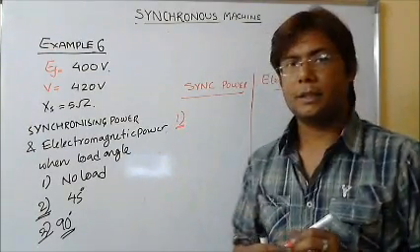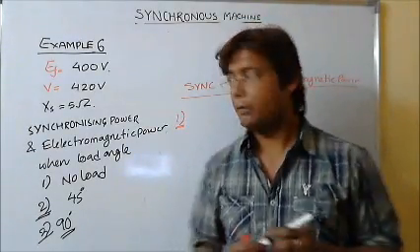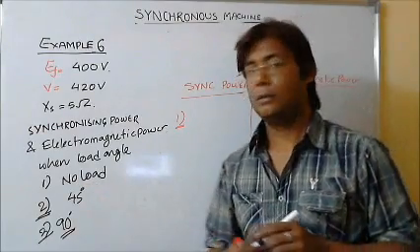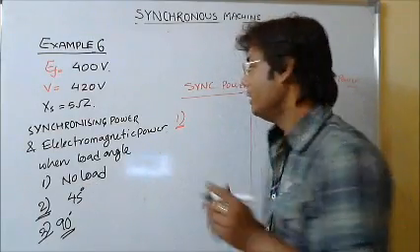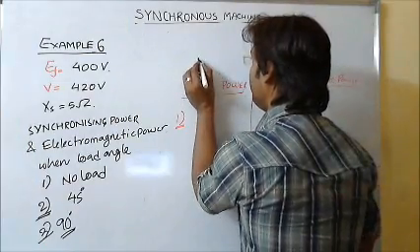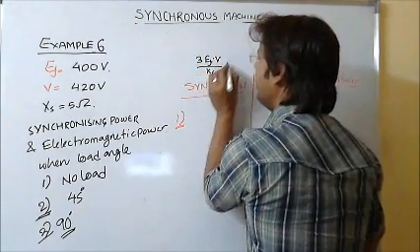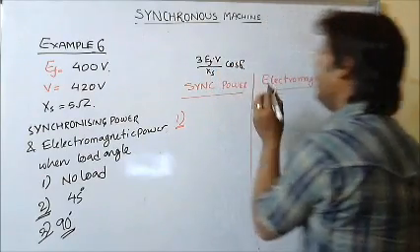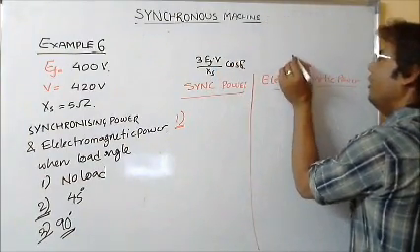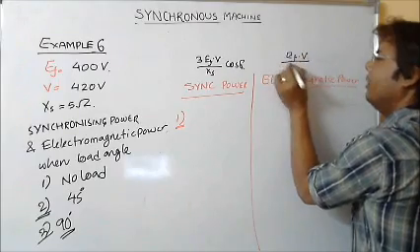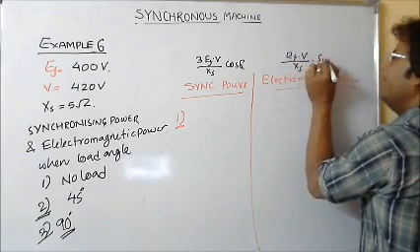For the first case, no load, when delta is 0. For synchronizing power, the formula is 3 into EF into V upon XS into cos delta, and for electromagnetic power, we have EF into V upon XS into sin delta.